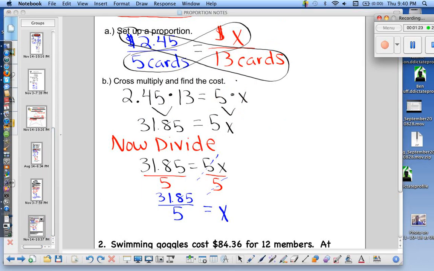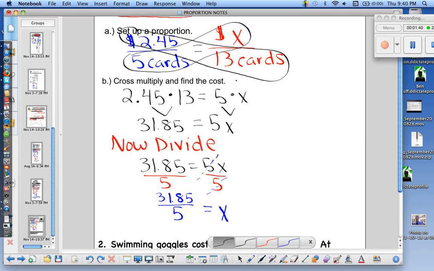When we divide both sides by 5, because we want to get x by itself, we're left with x equals $31.85 divided by 5. And from here you can go ahead and use your calculator to find that x equals 6.37.